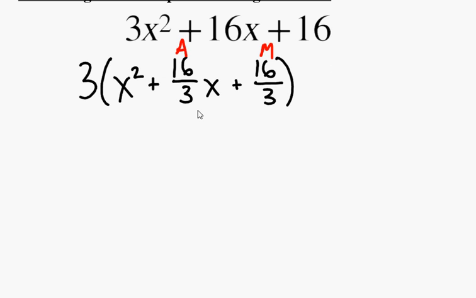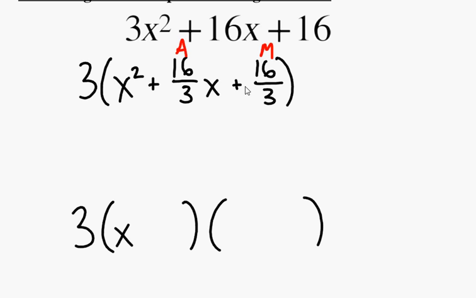So let's deal with the add up to be 16 thirds piece first. If I were going to start to construct my factors, these are both positive, so I know this is going to be a plus. It's going to look something like this, right? Because I know they have to add up to be 16 thirds. It could be 1 and 15 thirds, 2 and 14 thirds, 3 and 13 thirds.